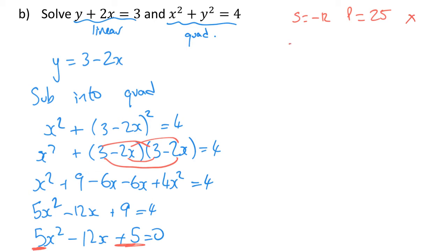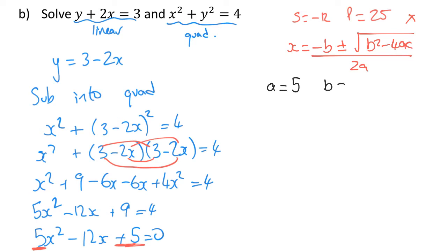The quadratic formula is x equals minus b plus or minus the square root of b squared minus 4ac, all over 2a. So we can identify our a, b and c. a is going to equal 5, b is minus 12, and c is also 5.